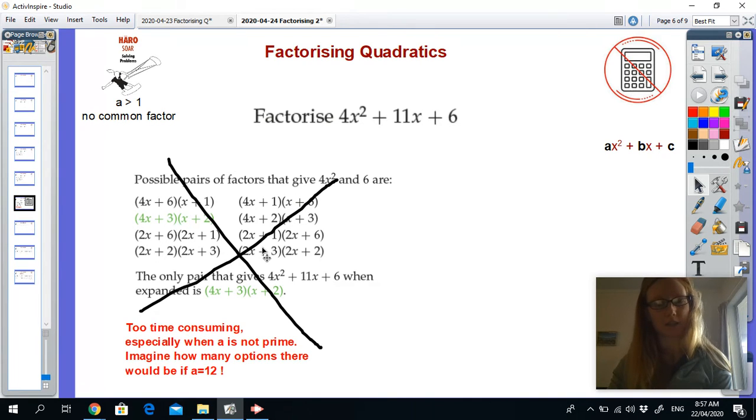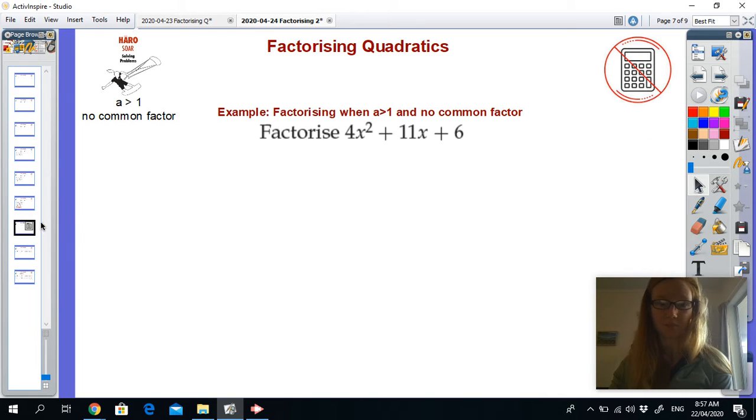You'd have so many different combinations for your coefficients of x, it would take you a really long time to work through that. Okay? So the method I'm going to show you now will allow you to get from your expression to the factorized expression without any guess and check, and is the one I want you to practice today. Even if you're quite practiced in guess and check, I don't want you to do that. I want you to practice this one because it will allow you to factorize any of these.